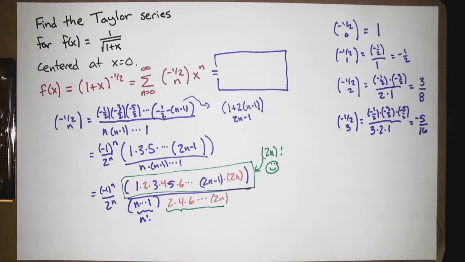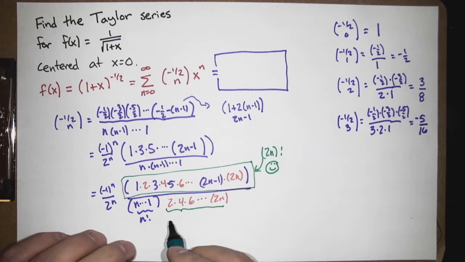What do all these numbers have in common? There's nothing odd about them. What do all these numbers have in common? They're even. So if they're even, what can we do? Let's pull out powers. Let's pull a 2 out of each term.